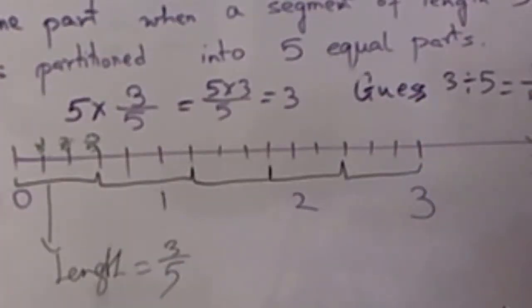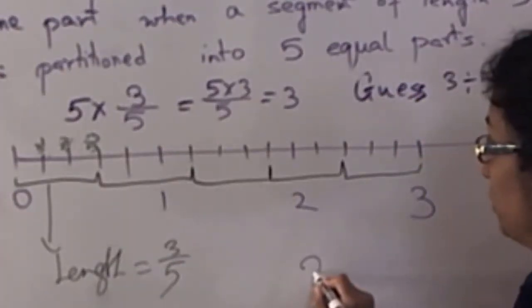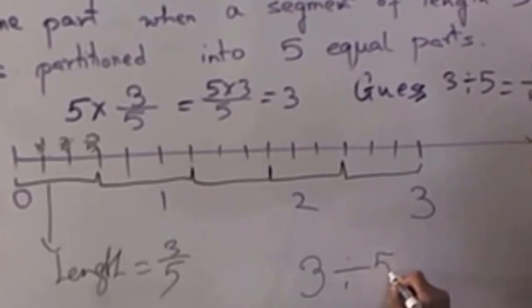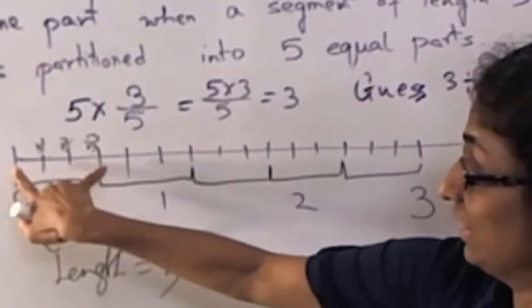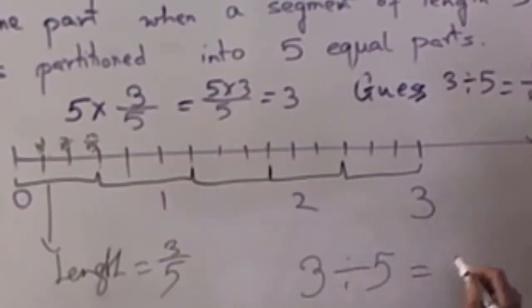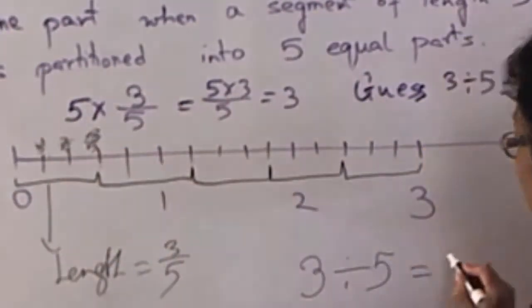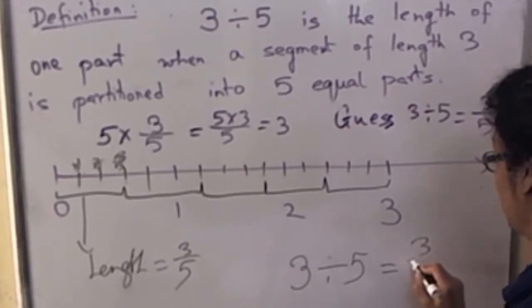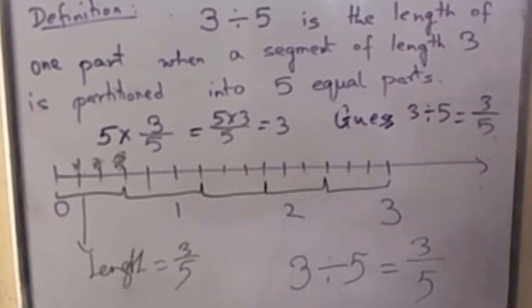So by direct computation, we are able to see that 3 divided by 5, which is supposed to be the length of one of these small parts, is in fact 3/5. So 3 divided by 5 is 3/5.